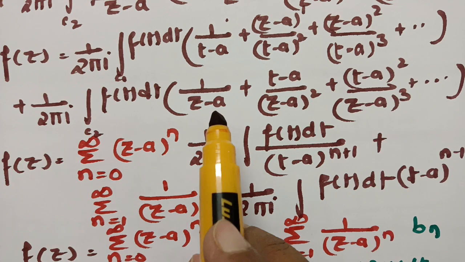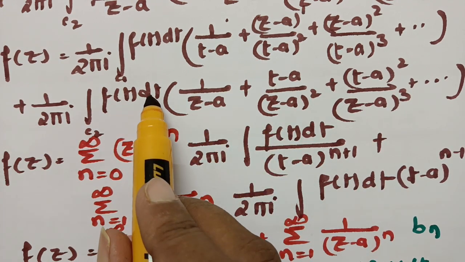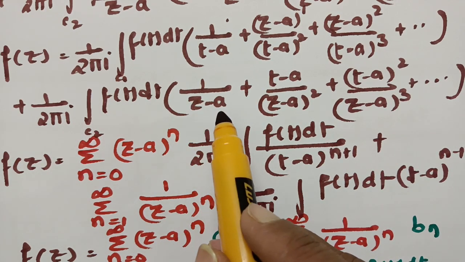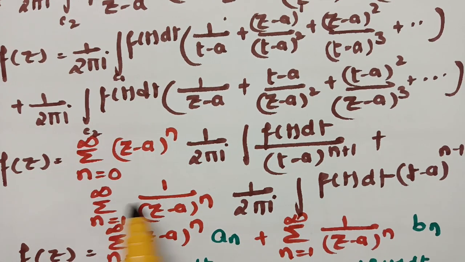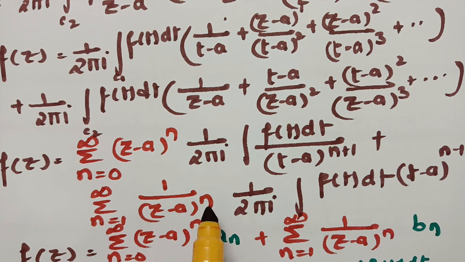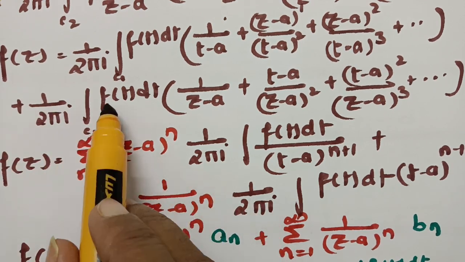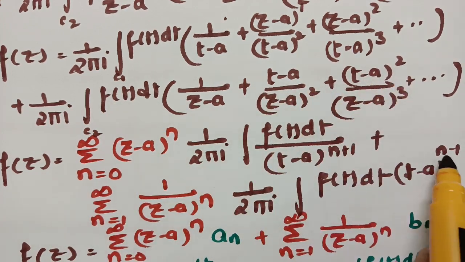And next, the second term. Here also it is the integration with respect to t, and you can treat z minus a as a constant. If I bring it outside, this can be written as sigma n equals 1 to infinity 1 by (z minus a) power n, and the remaining thing is 1 by 2 pi i times the integral of f of t dt, with (t minus a) power n minus 1.